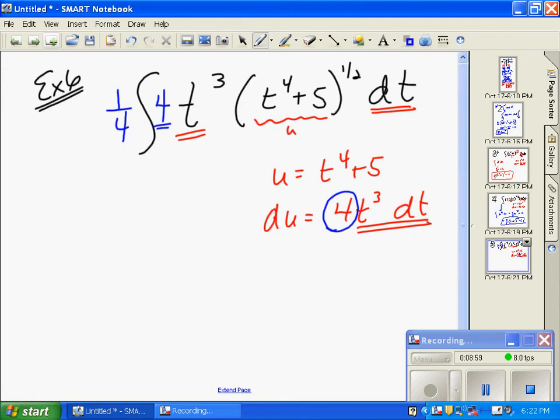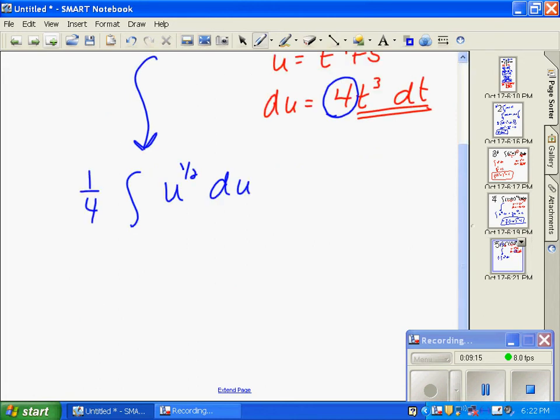So now I can rewrite this as, now that 1/4 out front needs to be there, here's my u to the 1/2 power times du. So you can insert a constant there as long as you multiply by its reciprocal as well. So now I'm ready to do the antiderivative of u to the 1/2.